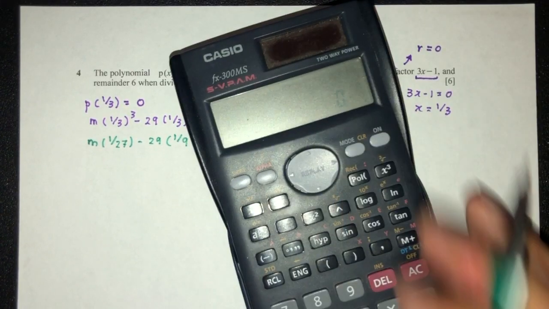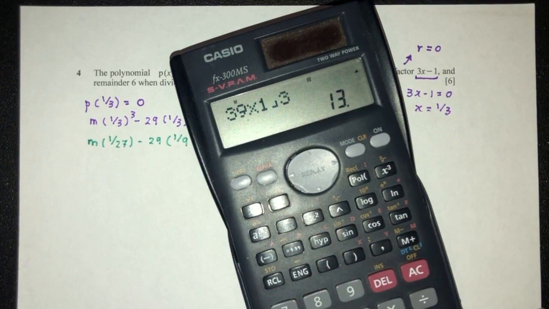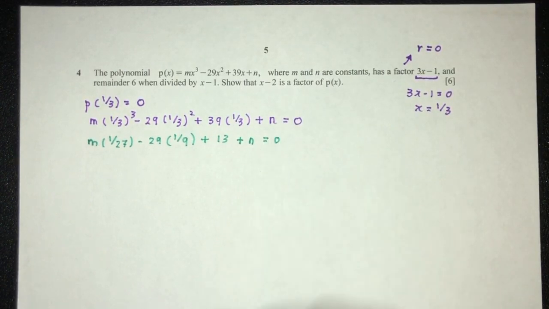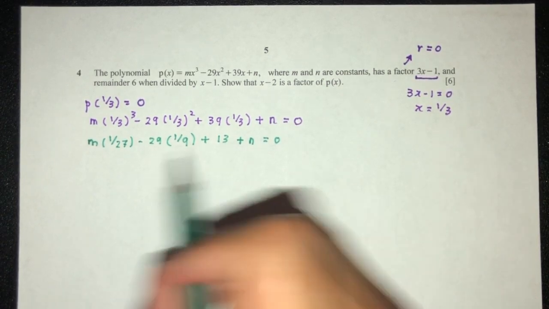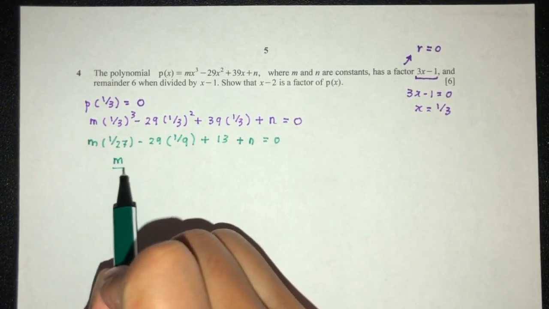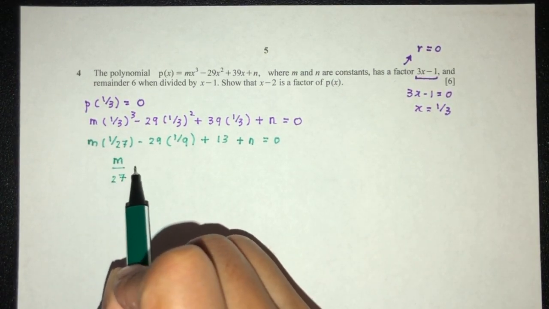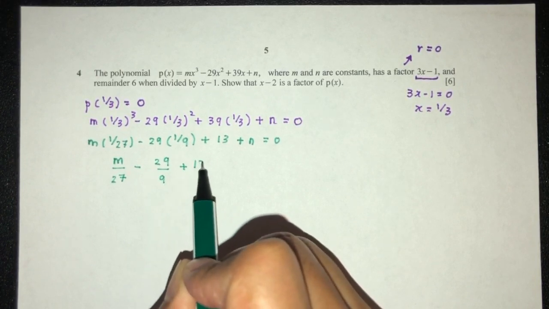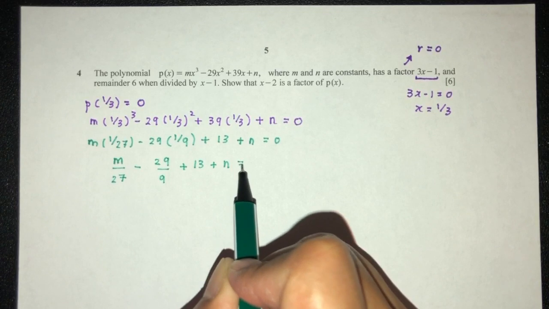Let's check. 39 times 1 over 3, it is indeed 13. Good. And then plus n has to be 0. Now simplify as much as we can to see what we get, right? So here we have m over 27 minus 29 over 9 plus 13 plus n equal to 0.